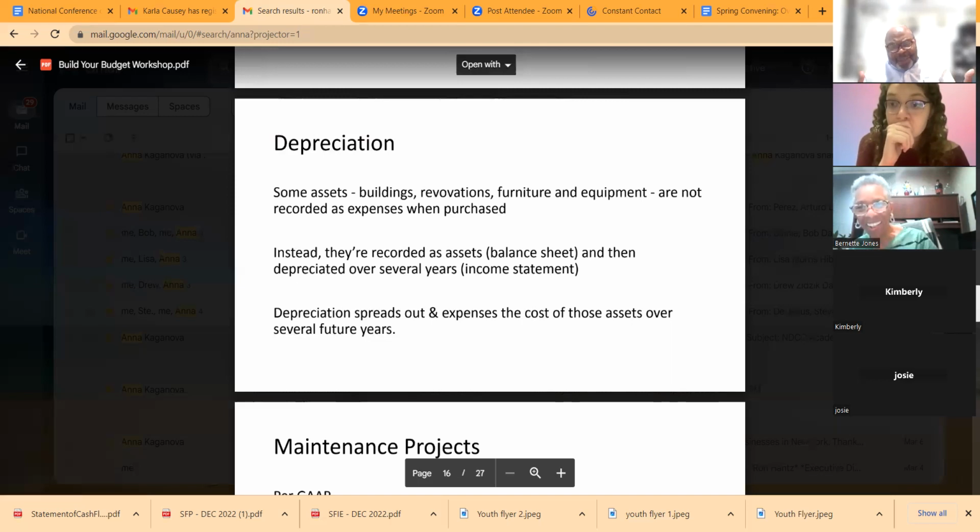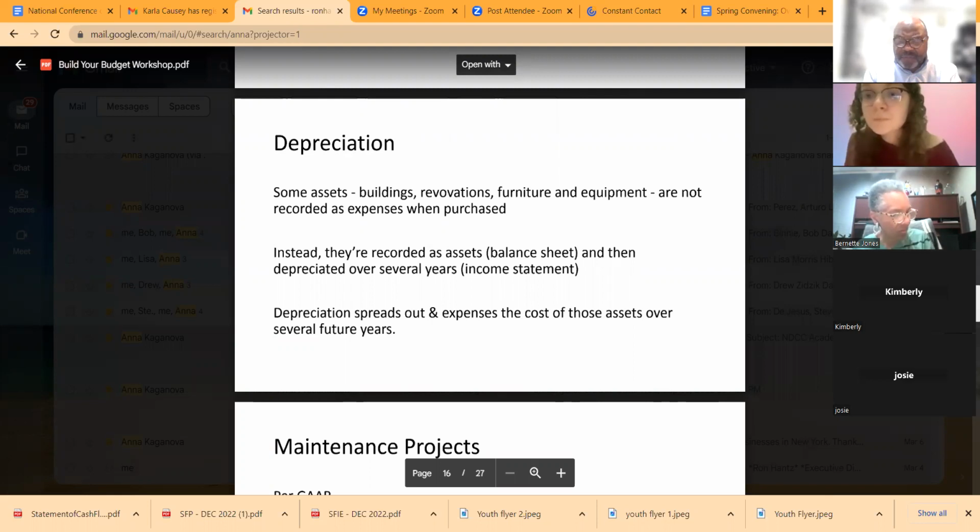When you buy something and record it as an asset, and then on your income statement you record it, it's not real cash that you're getting. It's the value of the depreciation. Yeah, you're writing it off.